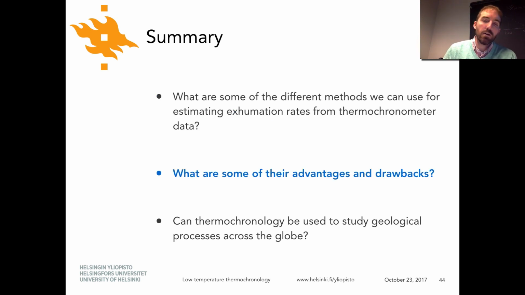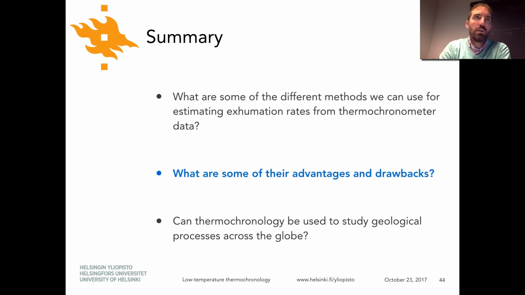As for advantages and drawbacks, I think probably the biggest disadvantage for this age-elevation relationship idea is that you can't assume the isotherms are horizontal. And you often can't sample in a perfectly vertical fashion, so it just doesn't work for low temperature thermochronometers.